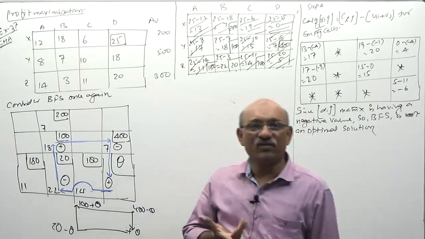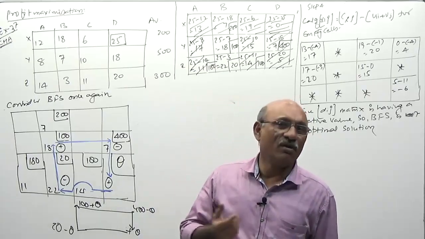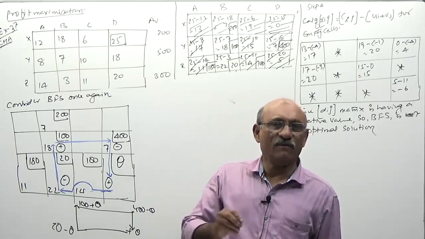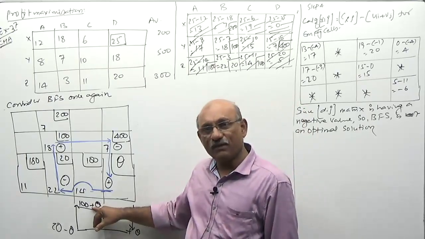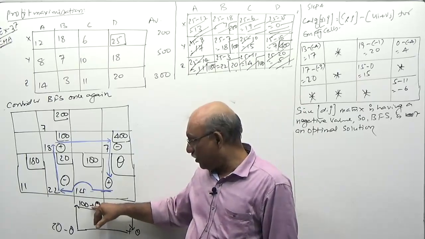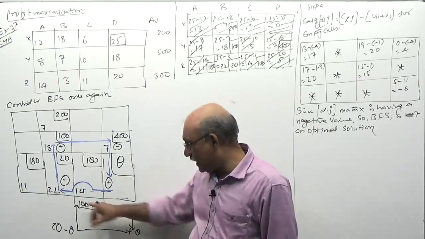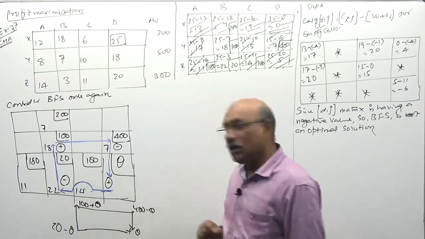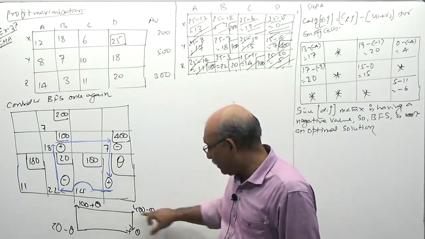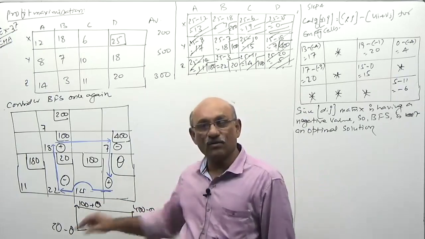Therefore, number of units cannot be negative. Therefore, corners with positive theta sign are neglected. Now what is left over? Theta with negative sign.